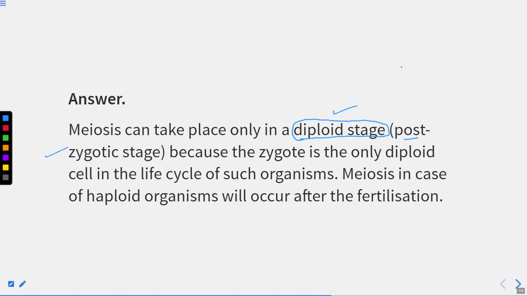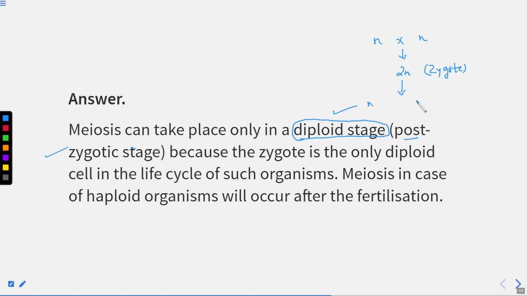Because the zygote is diploid. The two gametes fuse and form the zygote, which is diploid, and then meiosis will take place. It is a post-zygotic stage.